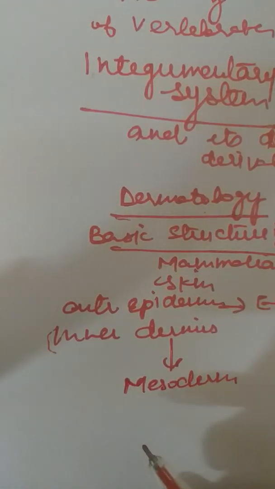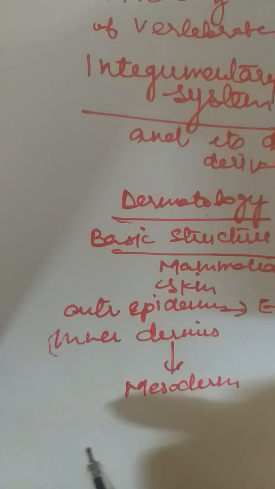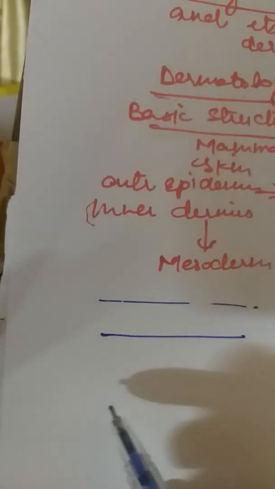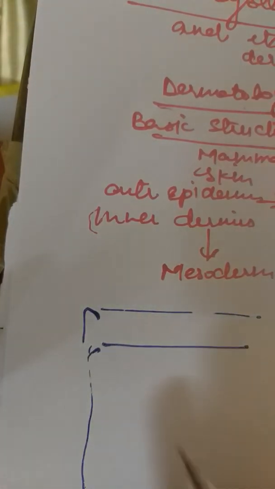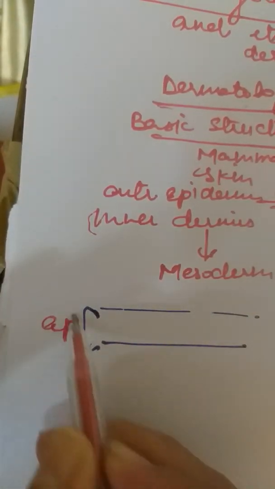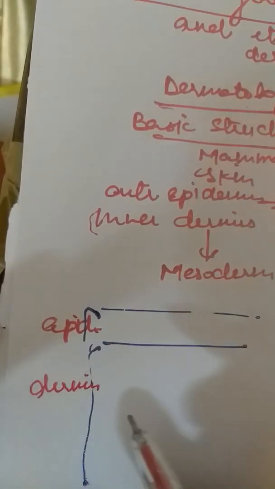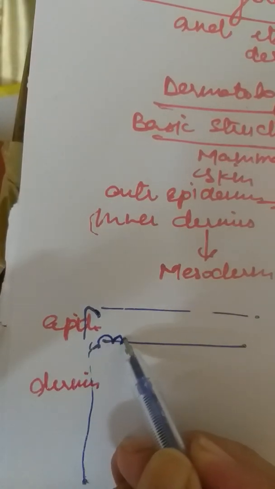If you look at the structure of mammalian skin, skin is composed of two layers. As I just said, this is the epidermis and here lies the dermis. The epidermis in this case is thinner as compared to the thicker dermis, and furthermore it is stratified.